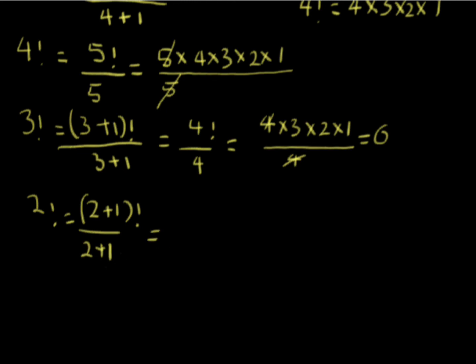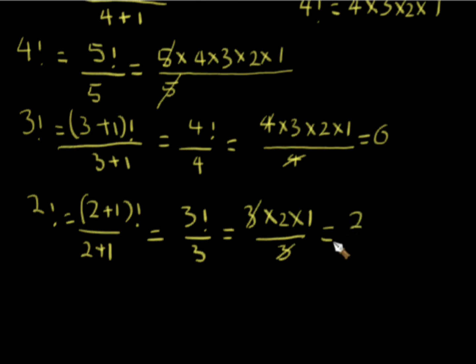So this would be equal to 3 factorial divided by 3, right? So that would give us 3 times 2 times 1 divided by 3, and this goes, and we are left with 2 factorial giving us 2, just like we had in our previous video, right? 2 factorial gives us 2.